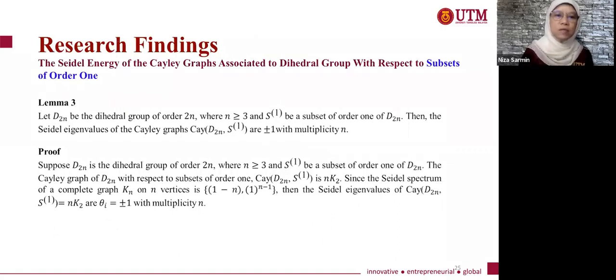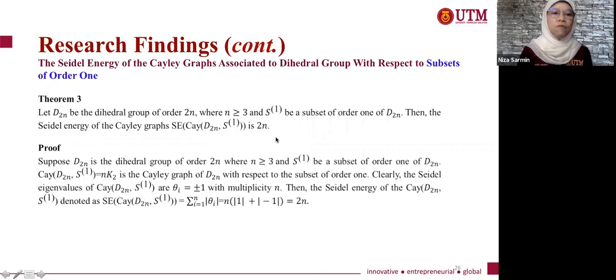So this gives us the result of our Seidel energy of the Cayley graph for the Dihedral group, and it turns out that the Seidel eigenvalues are plus or minus 1 with multiplicity n. The Seidel energy for the Dihedral group with subset of order 1 turns out to be 2n.